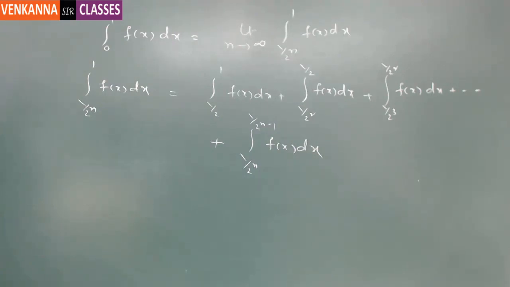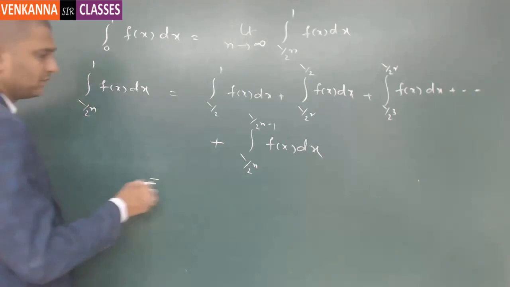Accepted? Please check the bifurcation part, what he did. Agreed or not agreed? Right. So we are going to substitute the function values there. This is the integral from 1 by 2 to 1.